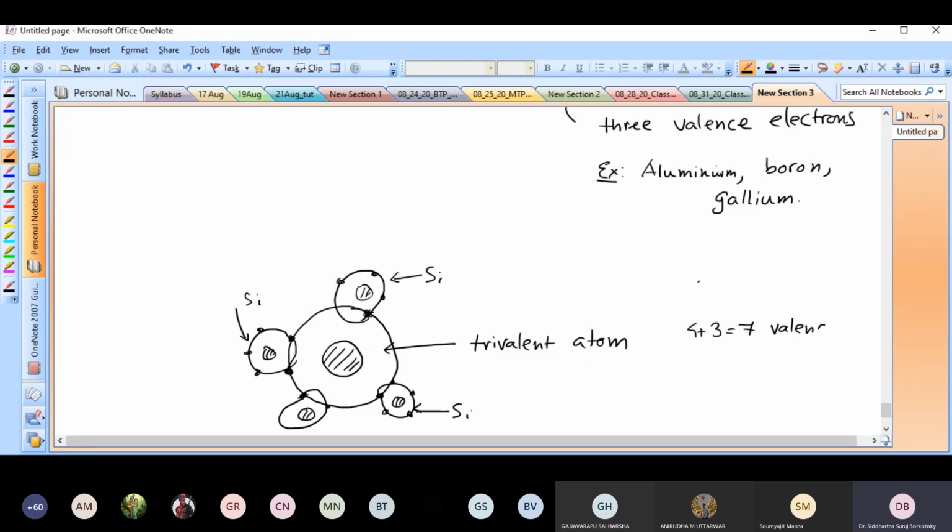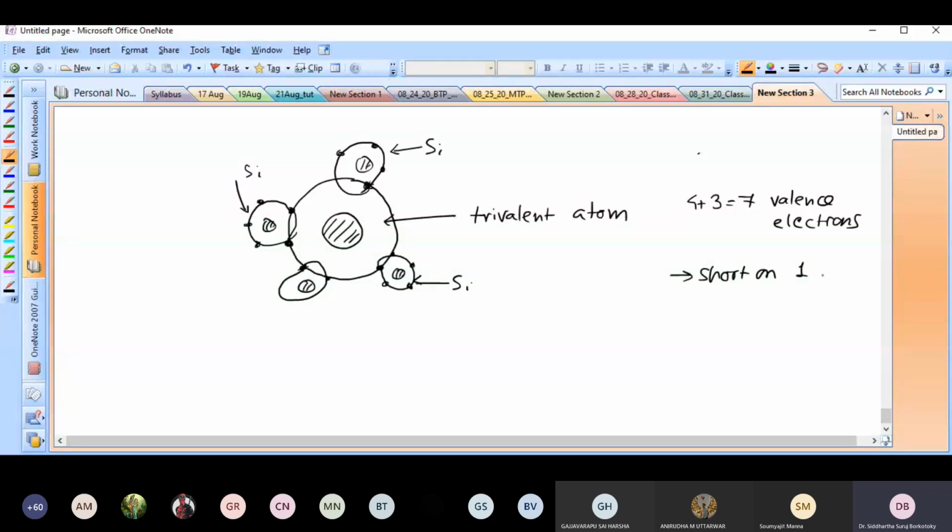So what it means is it is short on 1 electron, which means positive charge. It's basically positive, which means it's a hole.